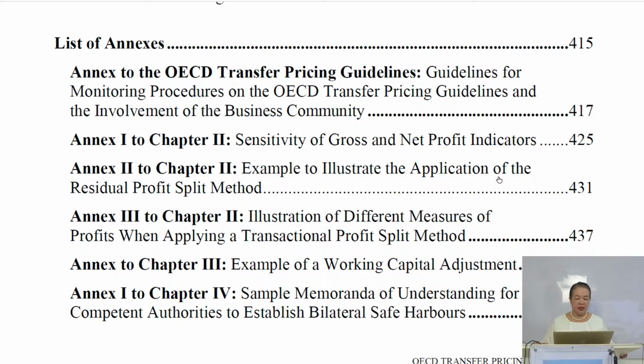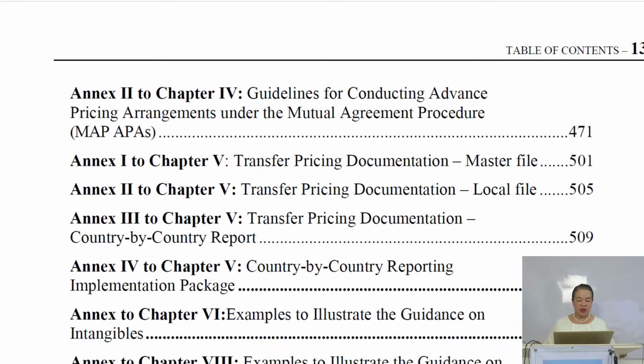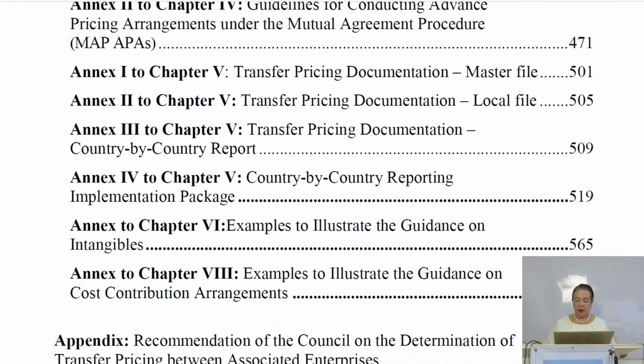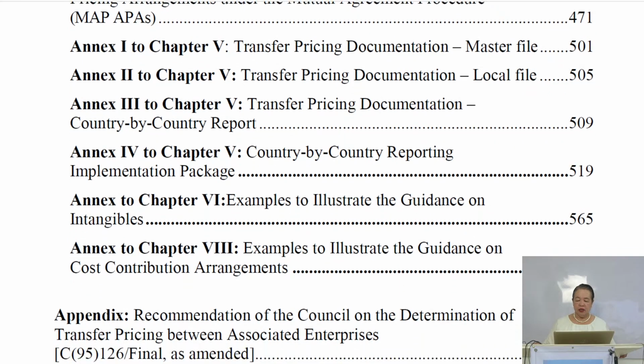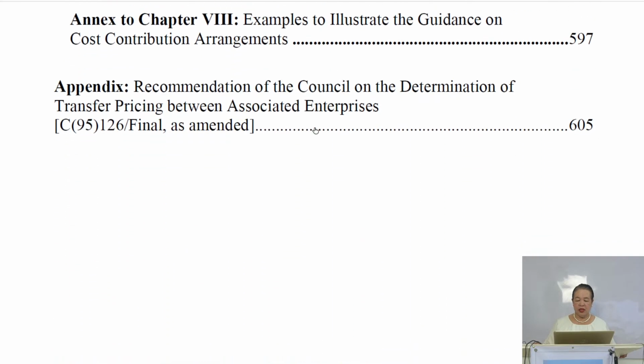Then the country-by-country reporting implementation package, examples to illustrate the guidance on intangibles and on cost contribution arrangements. Okay, so this evening we will start with the first topic, which is the arm's length principle.